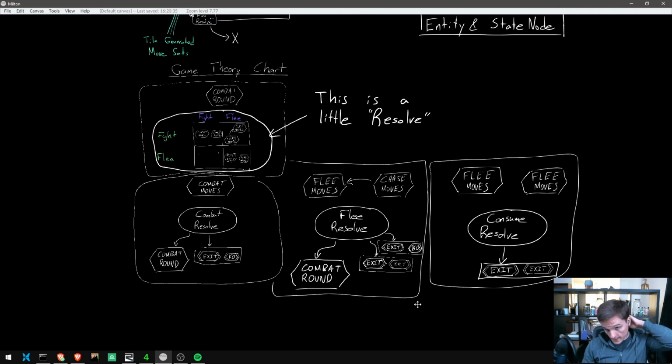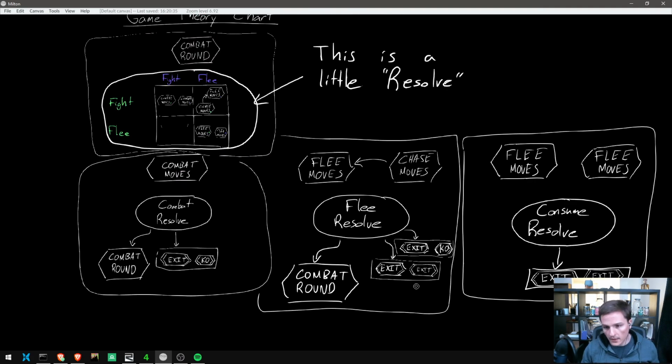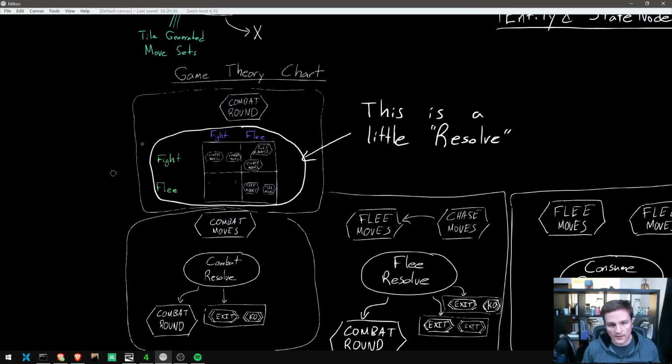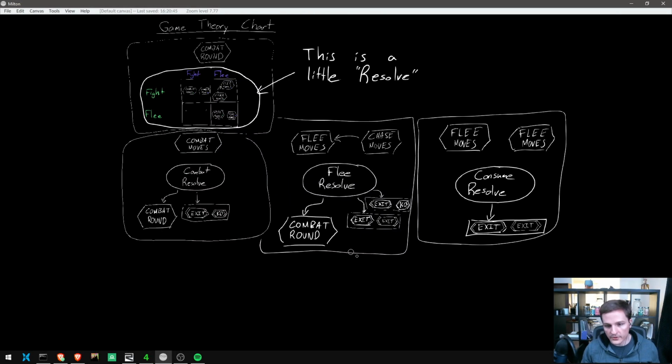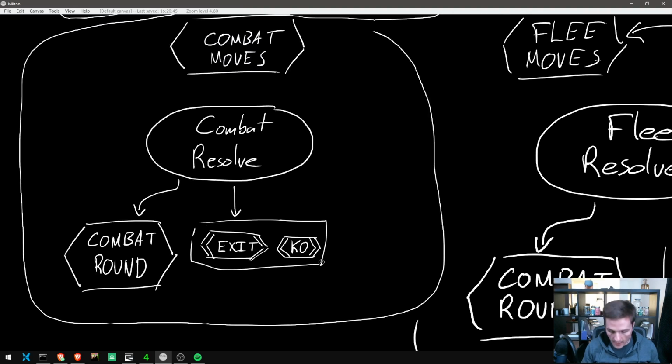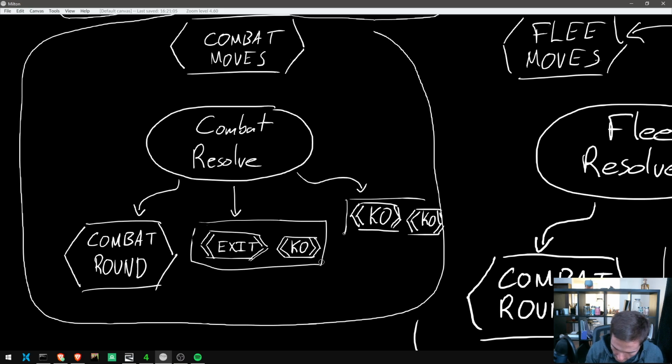So then the idea is these are basically like, just like here we have a discrete table, fight and flee, exit and KO. There's also a possibility, I guess, I didn't add it in here. There's also always the possibility of a KO ending. Right.